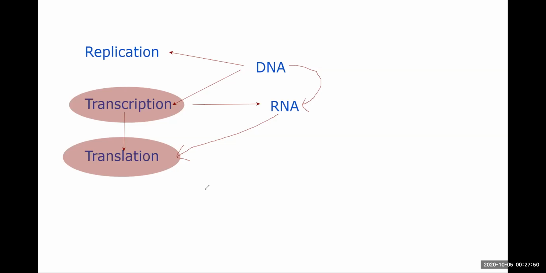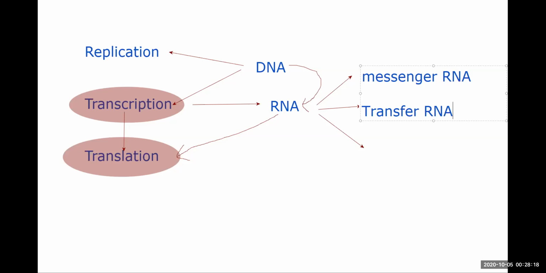Now, it is not that simple, and I'm sure you all know that there are three kinds of RNAs which work as a team for translation, and these are messenger RNA, then transfer RNA, and then ribosomal RNA.